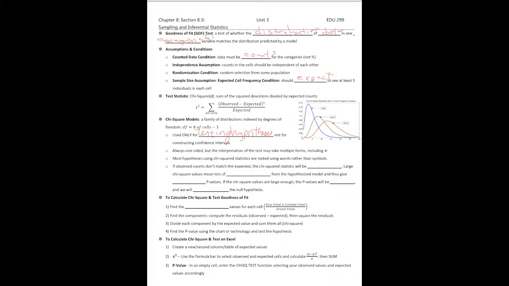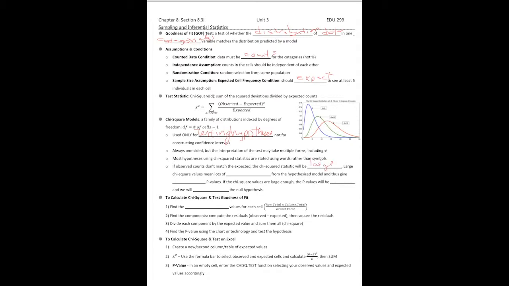And then finally, this is where we come up with our actual test. If your observed counts don't match the expected, which they're most likely not going to, that's why we find chi-square. How far off from the expected are they? If your observed counts don't match the expected, the chi-square statistic will be large.